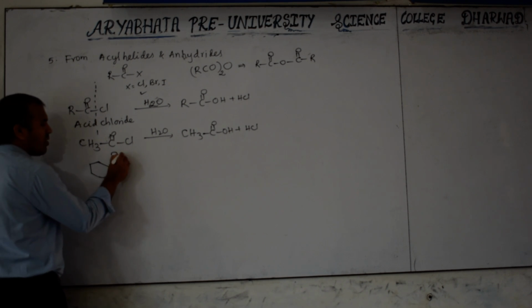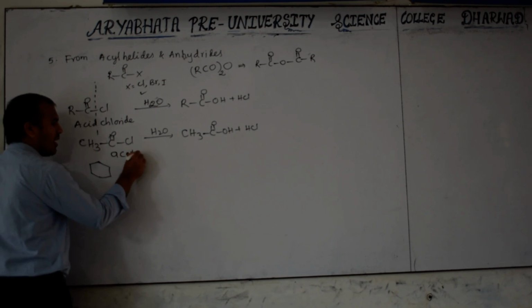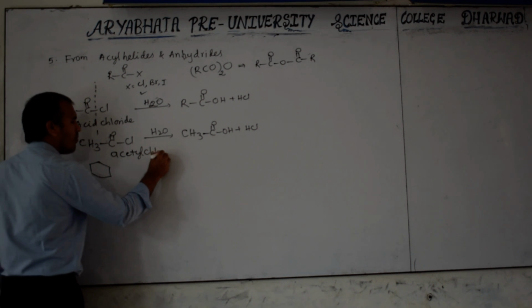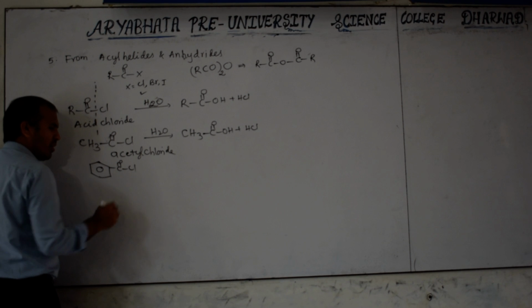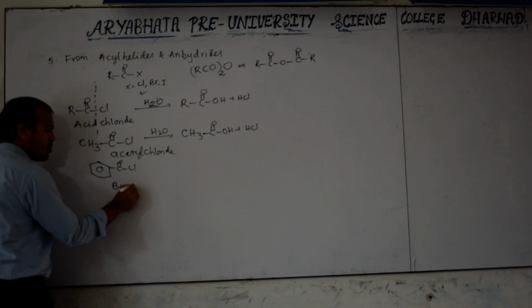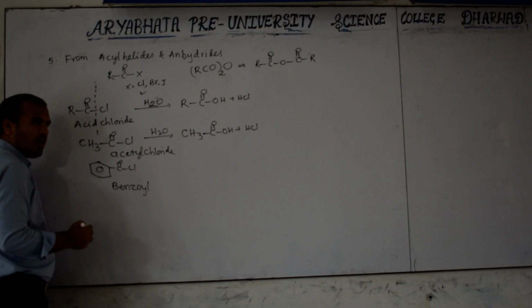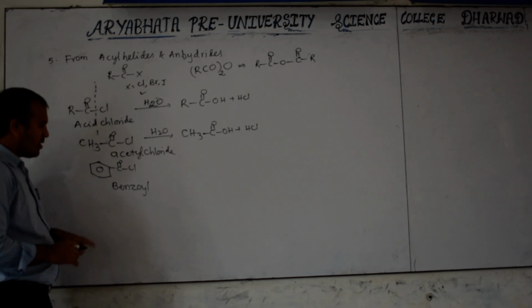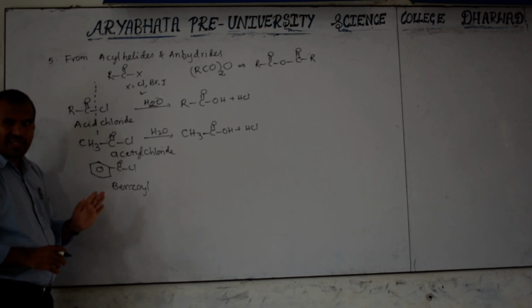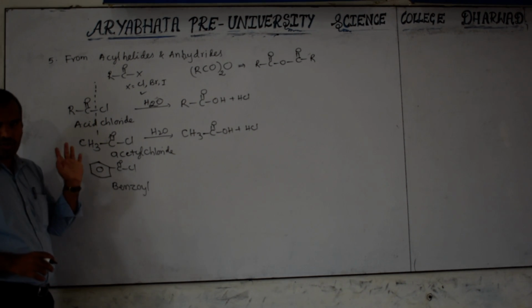This is called acetyl chloride. And this, C double bond OCl on a benzene ring, is called benzoyl chloride. Already somewhere I explained what benzyl is and what benzoyl is. So this is benzoyl, not benzyl. Benzyl means benzene with one CH2.